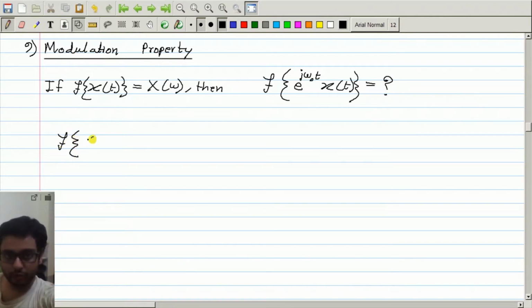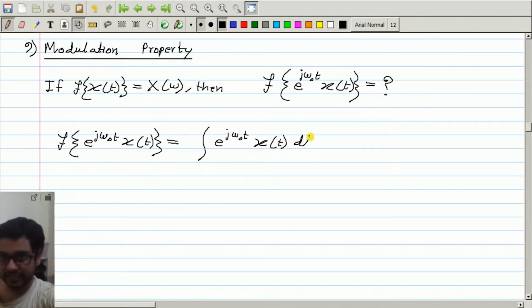Fourier transform of e to the power j omega naught t x of t is by definition integration of e to the power j omega naught t x(t) dt, t running from minus infinity to plus infinity. Here we also have e to the power minus j omega t.